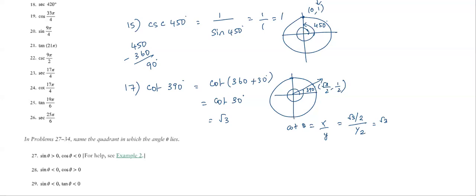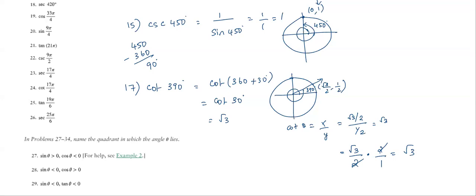If you don't know how to simplify this fraction, set it up as: keep the numerator fraction, change the division into multiplication, and flip the denominator. Then this and this get cancelled away, giving you root 3 as the answer.